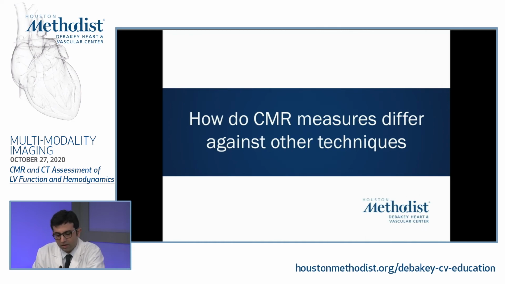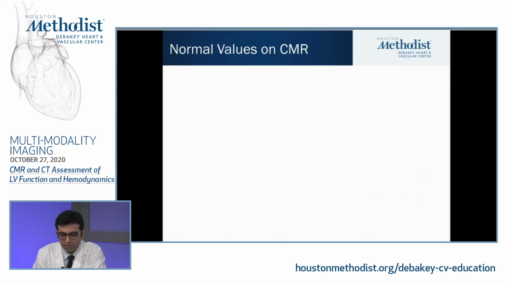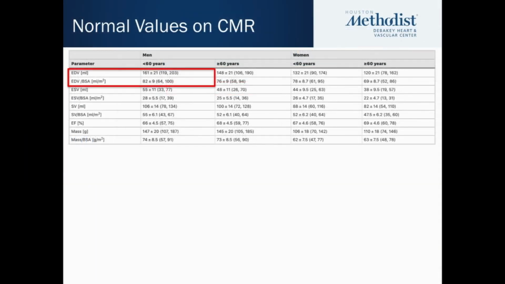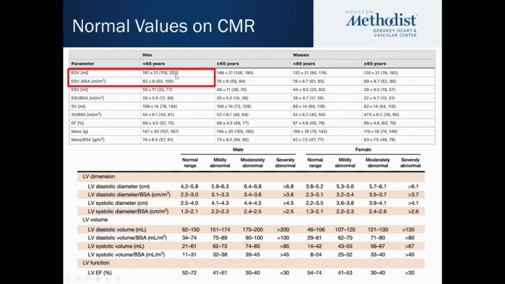Now let's talk about how these measures differ from other techniques. So we have established normal values for CMR. Let's just look at the upper limits for men as an example. So an end-diastolic volume for men, the upper limit of normal is 203 cc's.